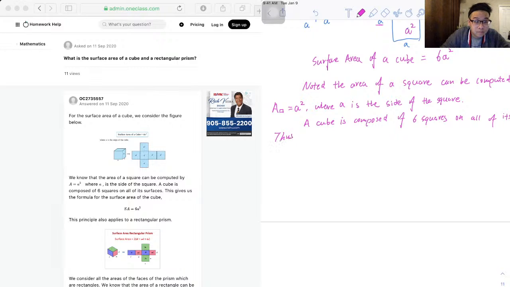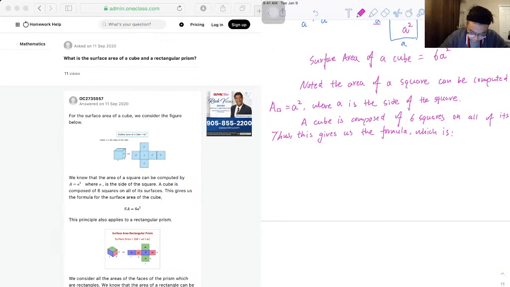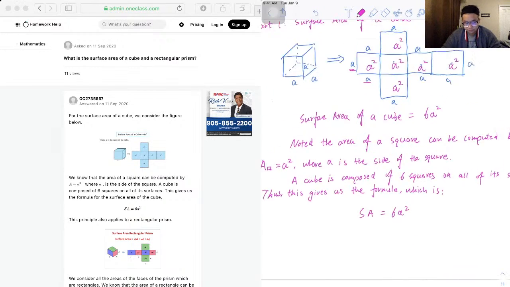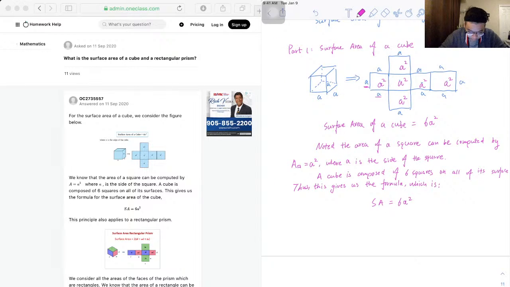Thus, this gives us the formula, which is, let's say, surface area is equal to 6a squared. So that's the surface area of a cube.